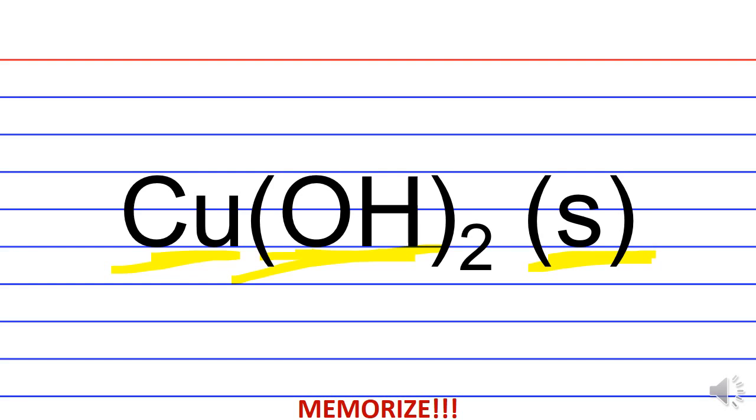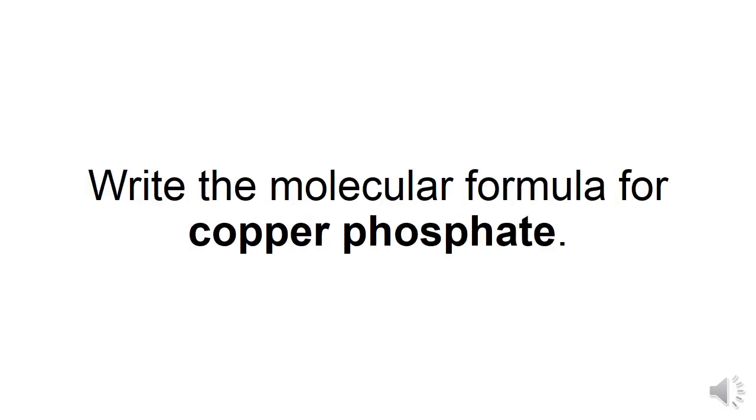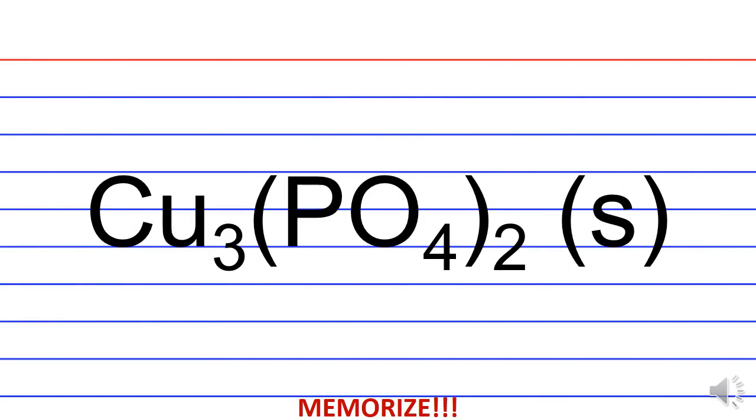Okay, so definitely memorize this. Write the molecular formula for copper phosphate. So what's the molecular formula for copper phosphate? It's Cu3 PO4 2 negative, okay? And that's in solid phase.